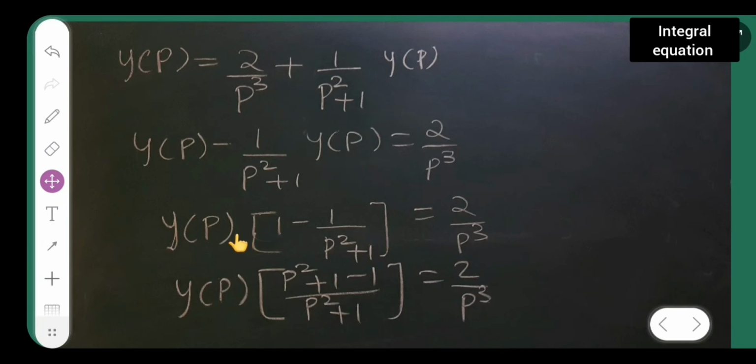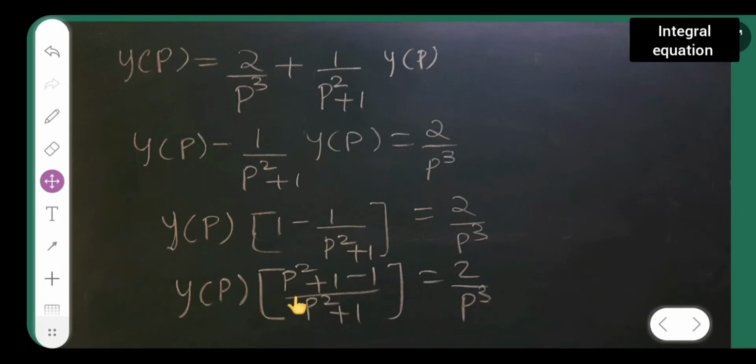Then y of p, take it outside because it's common. In the bracket put 1 minus 1 upon p square plus 1. If you plug this inside, you will get the same thing again, right? Now this is equal to 2 upon p raised to power of 3. Now what I have done over here, I have multiplied this upon this entire thing.